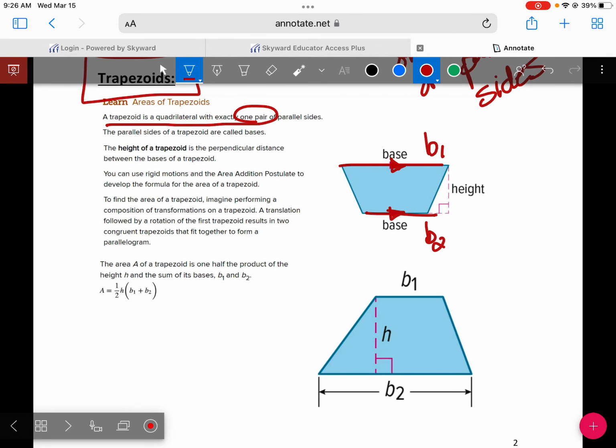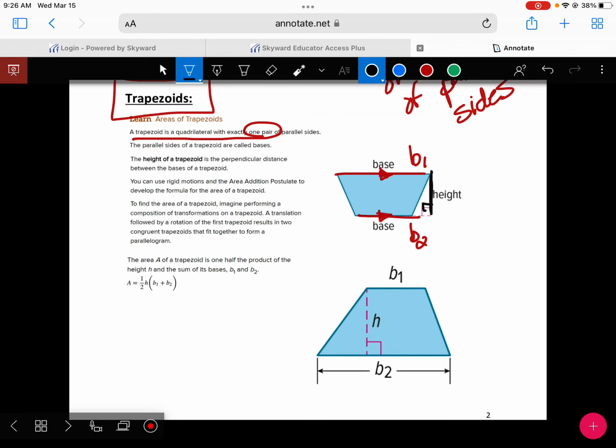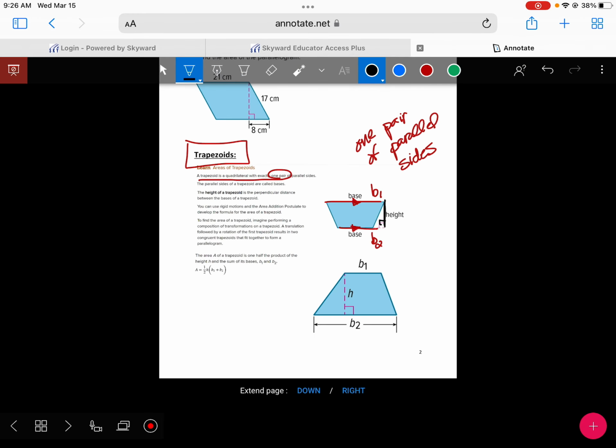We need to find a perpendicular height. So for a trapezoid, just say no on the slant height. We don't want the slant height.